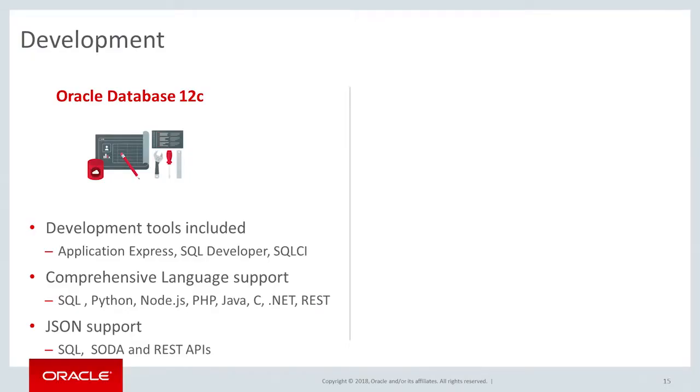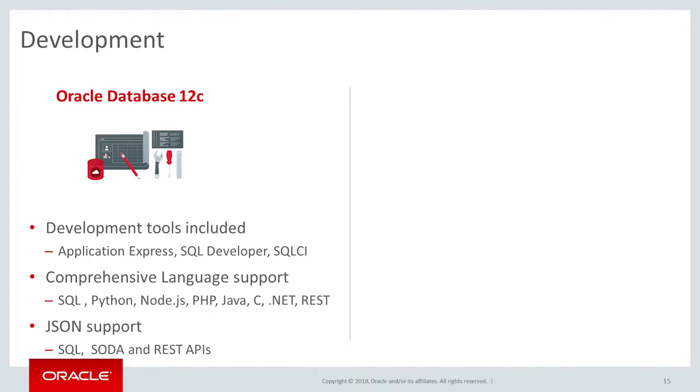Now, I mentioned developers there, Dan, so let's just briefly talk about some developer components. With Oracle Database 12c, customers have inbuilt development tools, Oracle Application Express, which is nowadays called a low-code development environment, and other tools like SQL Command Line and SQL Developer.